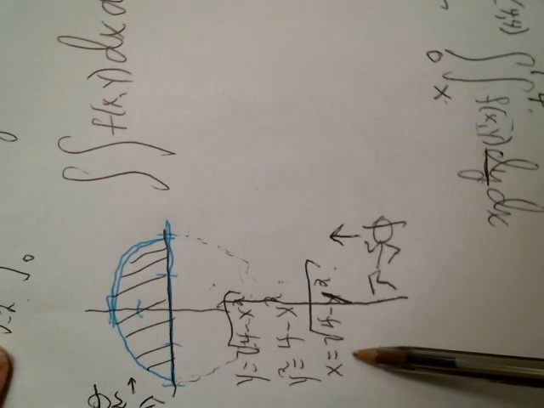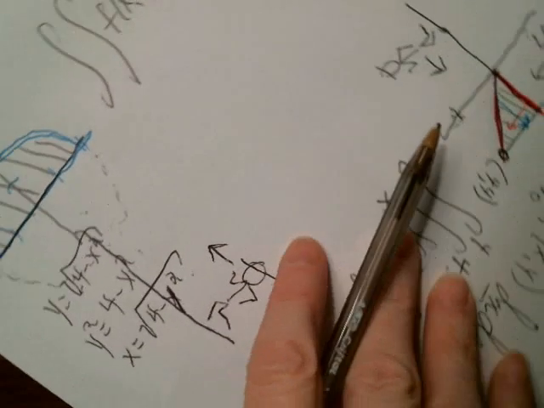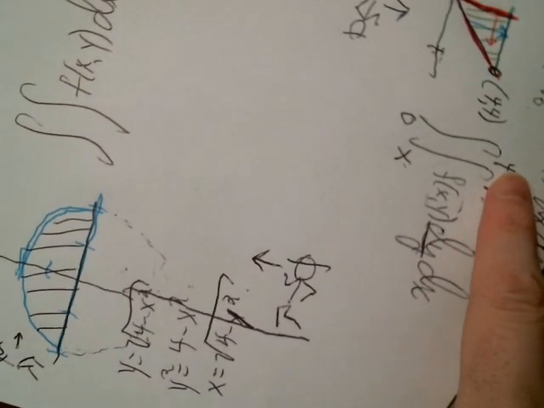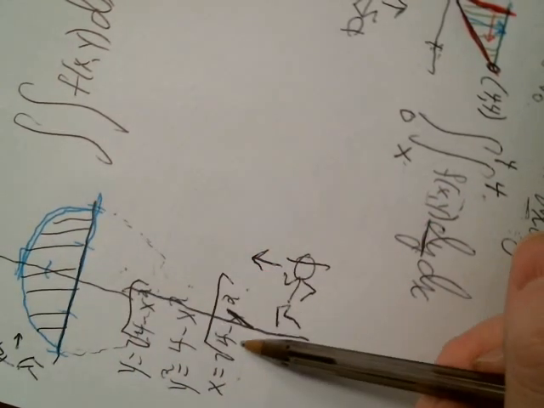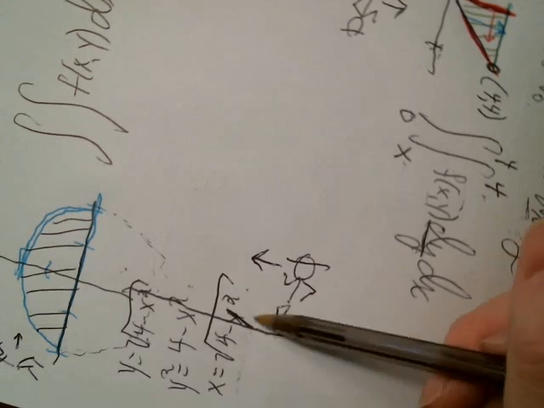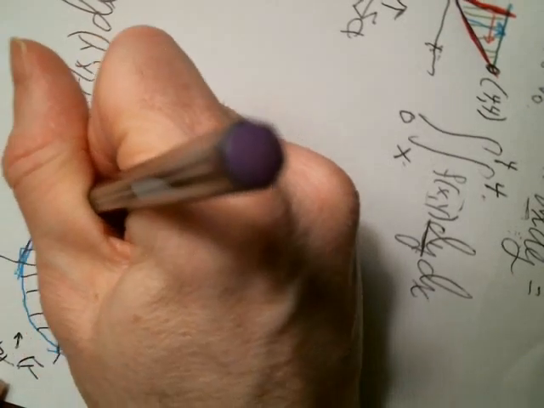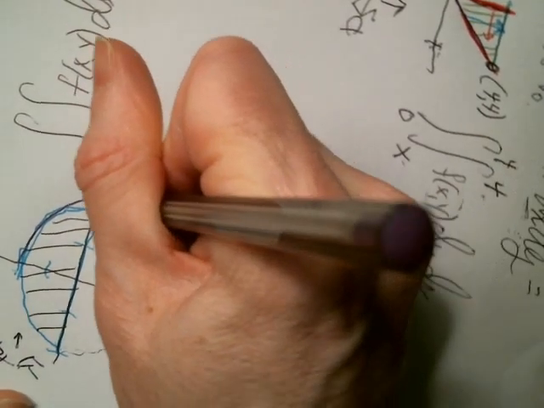So in order to pull that off, I need to have the thing in terms of x. And this equation is not the same as this equation here. This graph is not the same as this graph. So what graph am I really working with this time? That's this other hemisphere, the hemisphere that goes in this orientation like this.